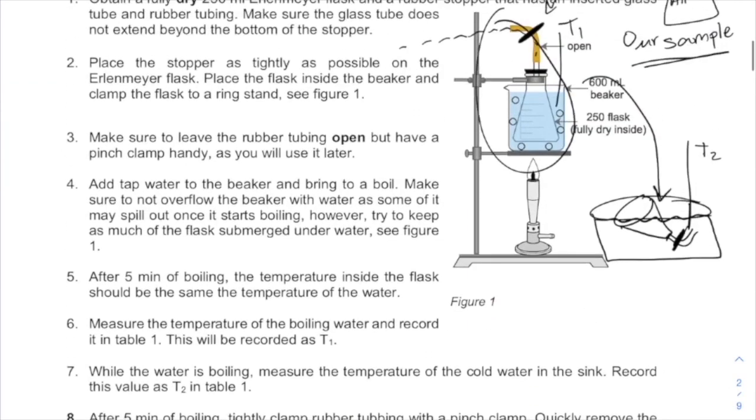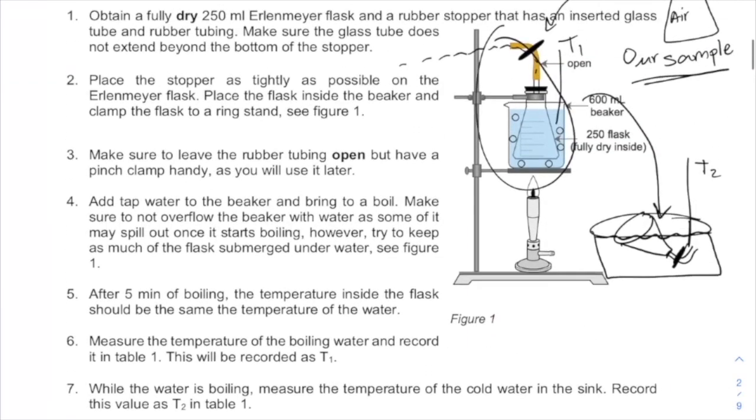So going back to this, what happens when I remove the pinch clamp right here? Well, if I remove the pinch clamp, water is going to go inside. Now, why do you think water rushes inside? Well, think about it. If the volume drops, it creates a vacuum inside the flask.